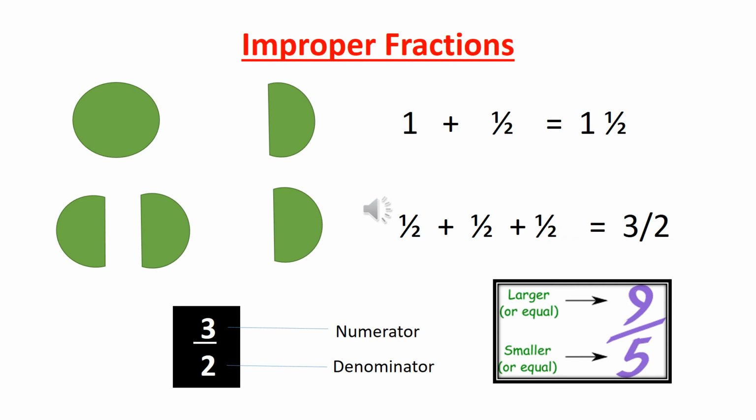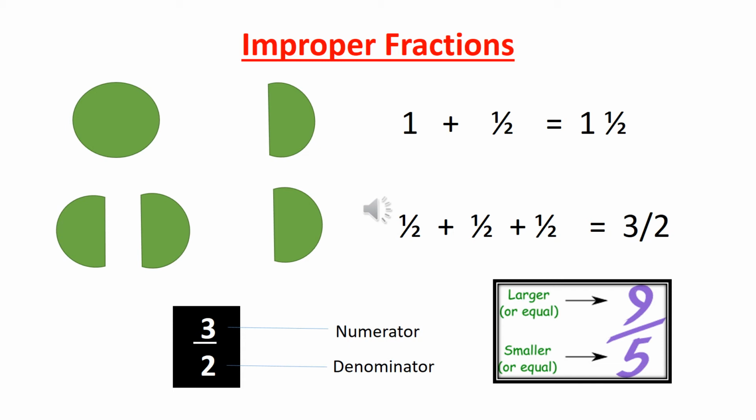Let's learn about improper fractions. Here, if we write 1.5, that is a mixed number. If we write the 1.5 as 3 divided by 2, that is an improper fraction. An improper fraction means a fraction of which the numerator is always greater than the denominator.